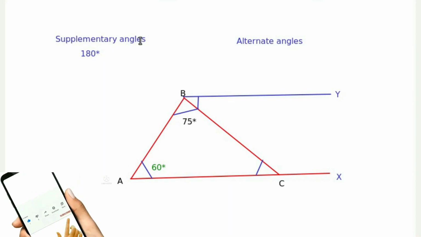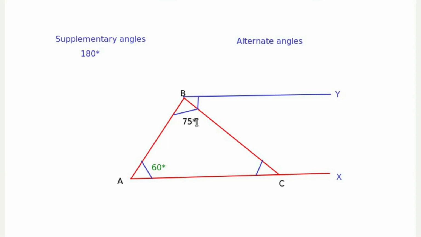So supplementary angles is equal to 180 degrees. So when you add 60 degrees, 75 degrees plus this angle CBY, you get 180 degrees.